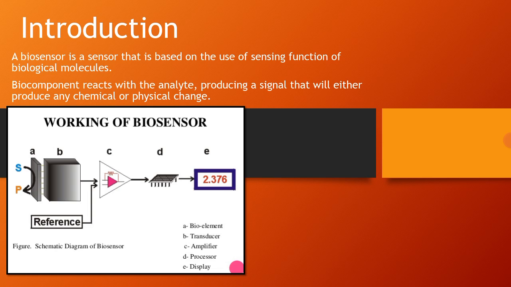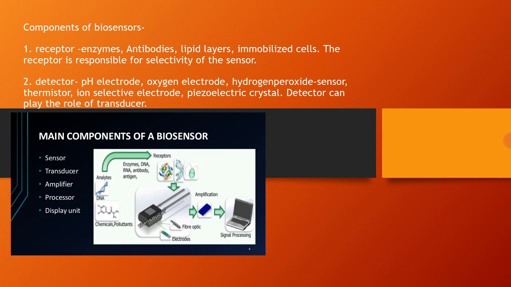Okay, now we will see the components of the biosensors. So as we discussed, the biochips also have the transducer and the detector. In this also we are having the transducer and the detector. Okay, so now what are the main components for working of the biosensor, or what is the assembly of the biosensor?